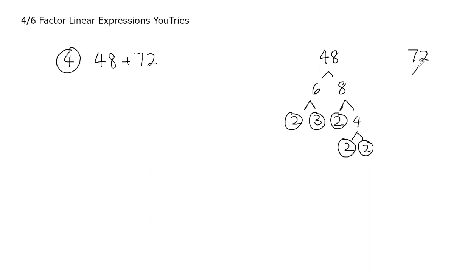Okay, 72. That's 8 times 9. So that's why being good at your times tables can really help you out, because when you see 72, you just think, 8 times 9.